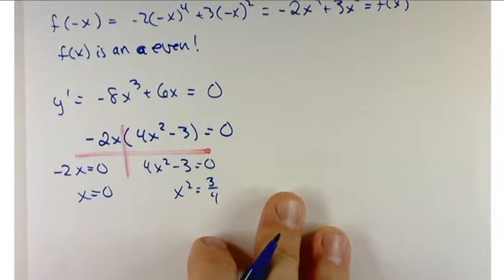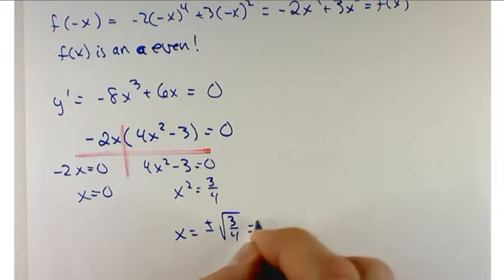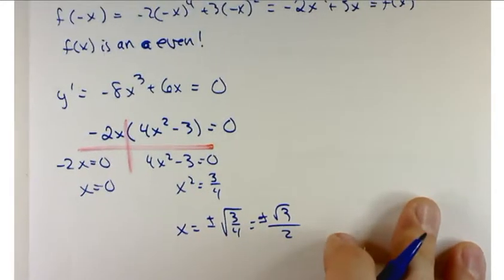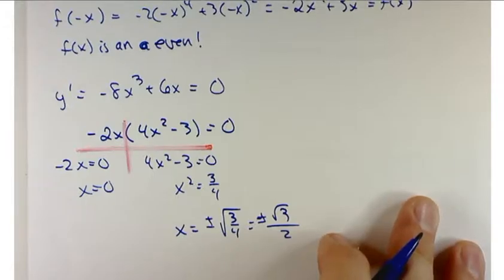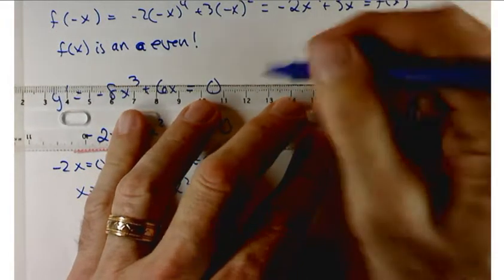So x squared is 3/4. x is plus or minus square root of 3/4, or some of you might prefer to write it as plus or minus square root of 3 over 2. Okay, what information does that tell us? Well, these points are your critical points.